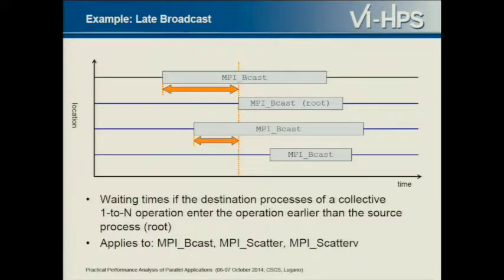Once the broadcast root enters the broadcast operation, then the information is potentially available for those other processes that have reached the broadcast, and the ones which reach it afterwards will get the information available to them. It can be buffered up inside MPI. So again, here the processes before the root process enters the broadcast have waiting time. The root itself has no waiting time, nor do the processes that enter the broadcast afterwards. The same situation happens for scatter operations as well. So this is a late broadcast situation.